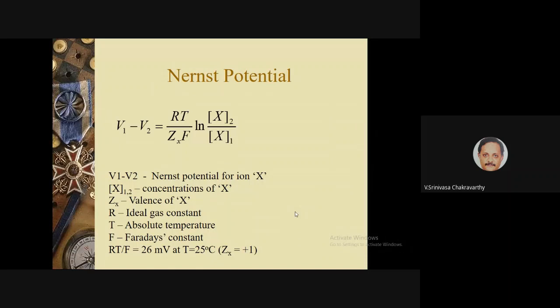So just as an example, we take temperature to be 25 degrees centigrade, like room temperature, and valence Zx is, let's say, +1, like in the case of potassium. RT by F turns out to be 26 millivolts. Just to give you an idea of the order of magnitude of voltages that we are talking about when it comes to the cell membrane, the voltages that are generated across the membrane.